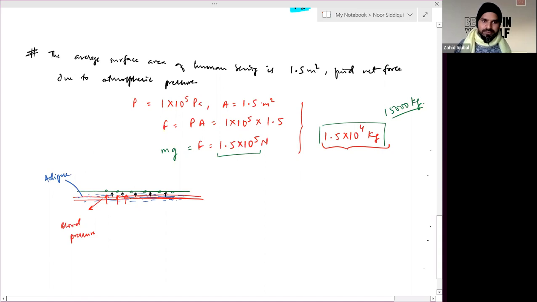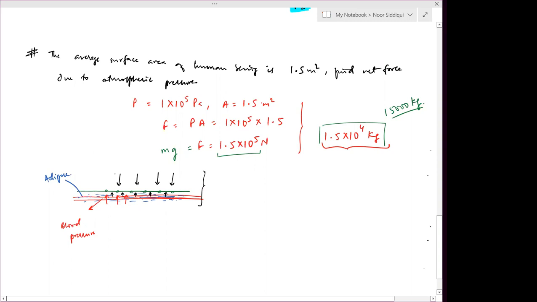These two terms will exert pressure which becomes equivalent to pressure exerted by atmosphere on our body. So as an effect, net force acting on our body will become zero. That's why we feel nothing. Is it clear? Yes, sir.